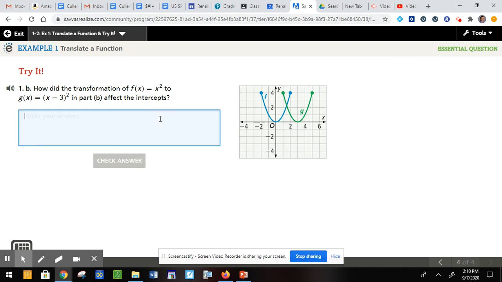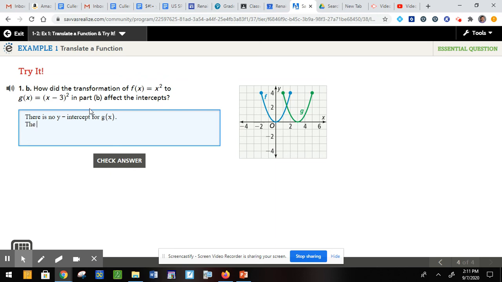So I'm going to say there is no y-intercept of x. The x-intercept was 0, and now it's positive 3. All right, so by subtracting 3 on the inside, the x-intercept is now positive 3 instead of 0.